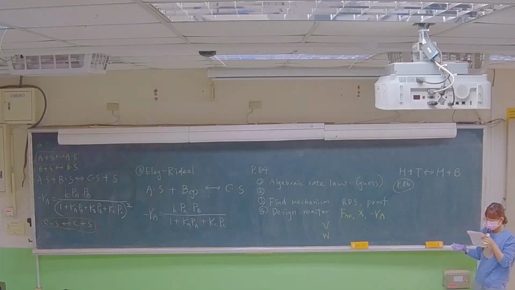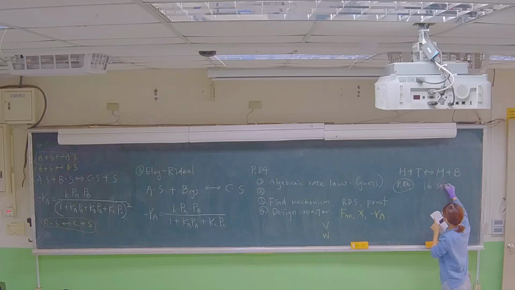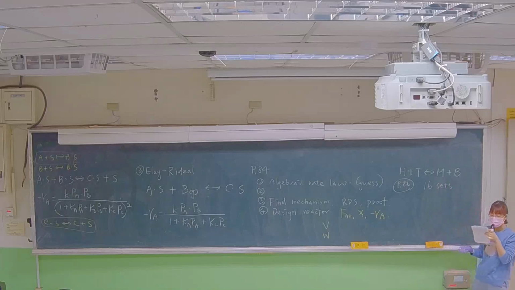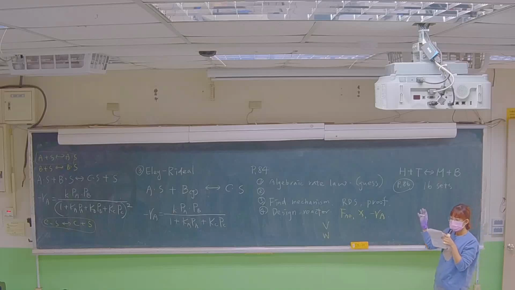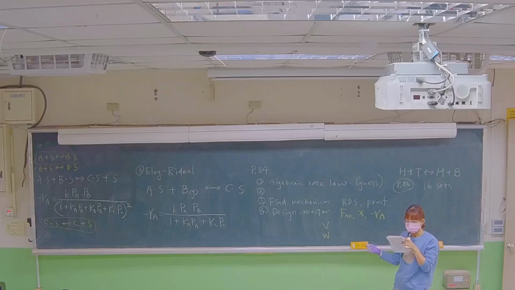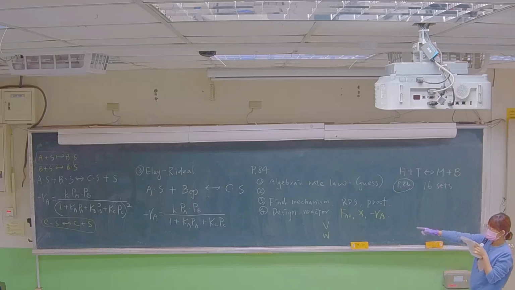There are 16 sets, right, of experimental data. You have to find some sets to compare by yourself and to find the relation of rate law and your species. Okay, and we can directly go to next slide.